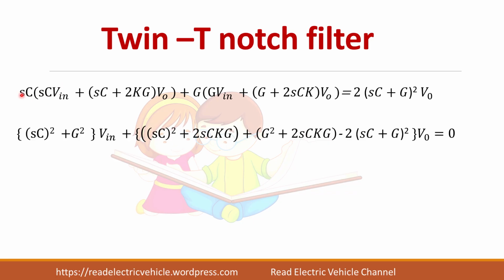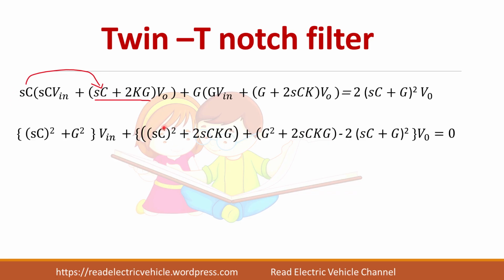So now I am multiplying these two. It becomes SC the whole square. Then where is the other V in part? Here it is. So plus G square. These two are the V in parts. Remaining all are V naught parts. For this one, this SC is common for this one also, because you can see another bracket is there.